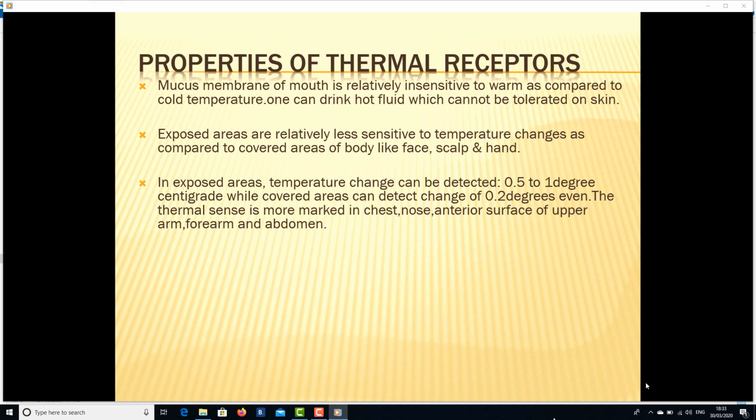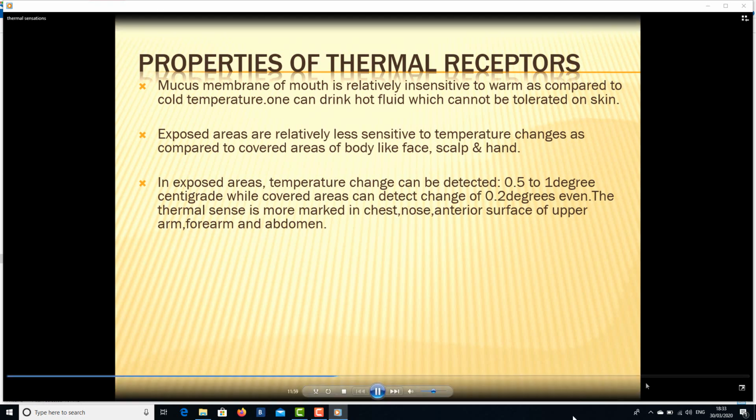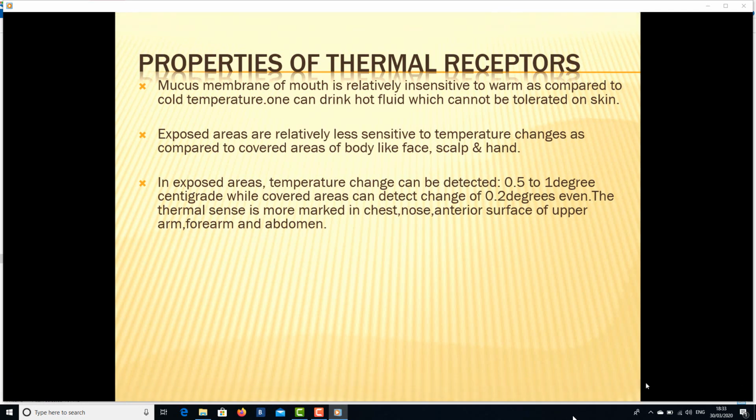In exposed areas, the temperature change can be detected within 0.5 to 1 degree centigrade, while the covered areas can detect a change of even 0.2 degrees. The thermal sense is more marked in the chest, nose, anterior surface of the upper arm, forearm, and abdomen.